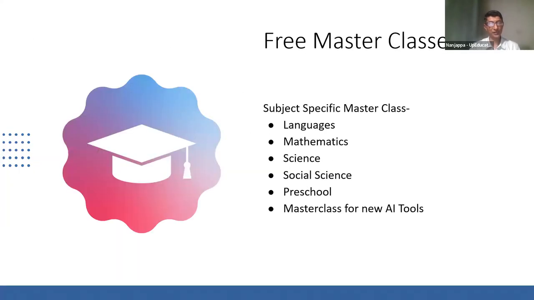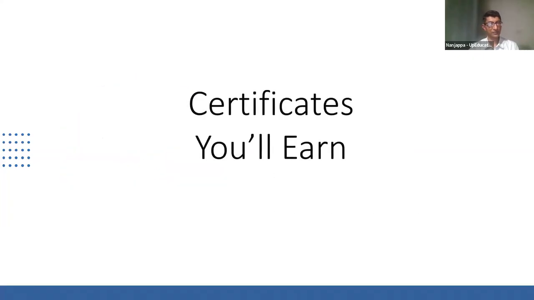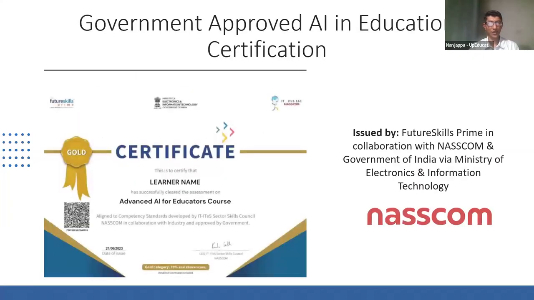And you also get free master classes from Up Educators. Languages, mathematics, all these subject specific master classes. Then the certificates that you will earn. One is the course completion certificate from Up Educators.